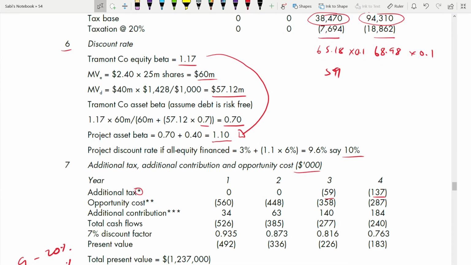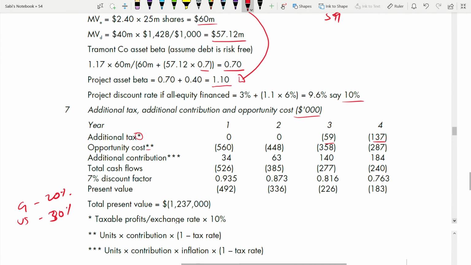So now coming to the opportunity cost, two stars are there. How do you get the opportunity cost? Don't worry. I know I'm not able to finish. I didn't even finish half of this, but part two is also coming for this. So opportunity cost. What is opportunity cost? Units into contribution into 1 minus the tax rate. Of course, after tax you have to take.